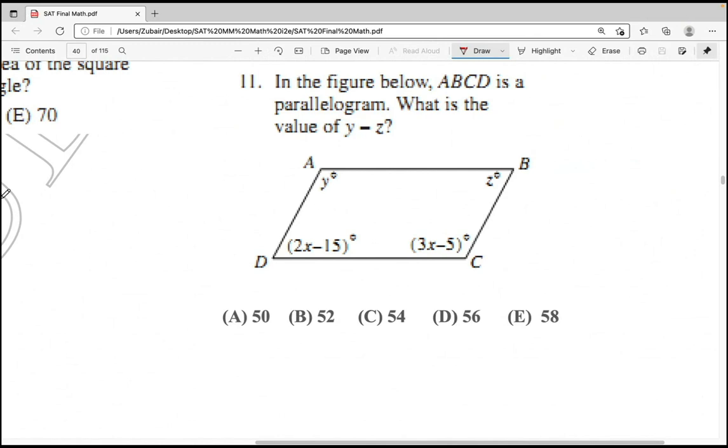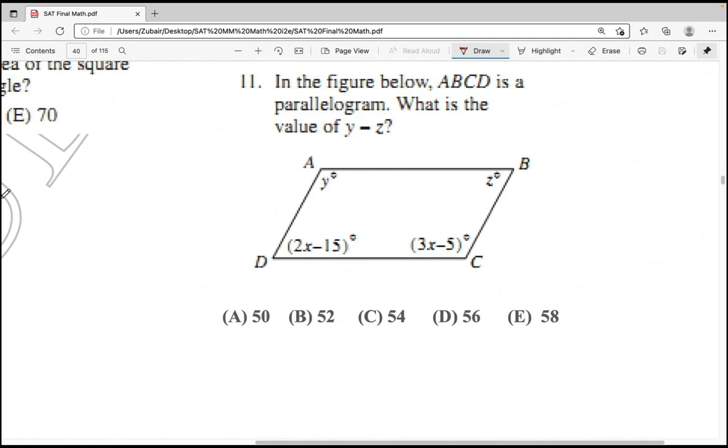Remember the lines and angles concept. So, sir, can I do y is equal to 180 minus 3x minus 5?